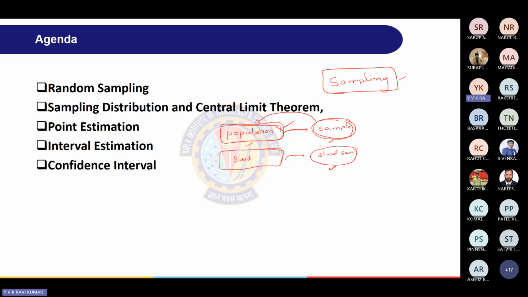The report we get talks about the complete blood picture, the blood profile. So we take a part of it, do the analysis on it, and from this we try to understand the whole. This is what is called sampling.